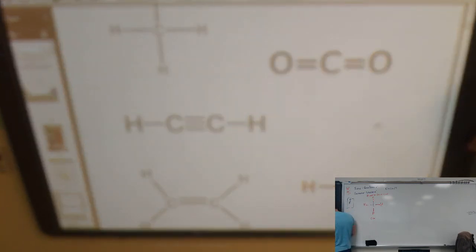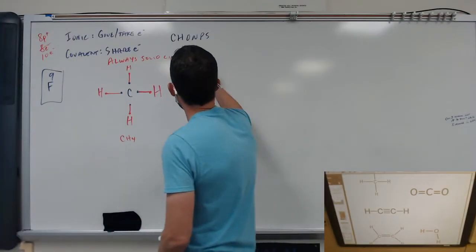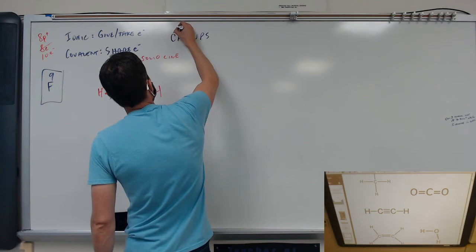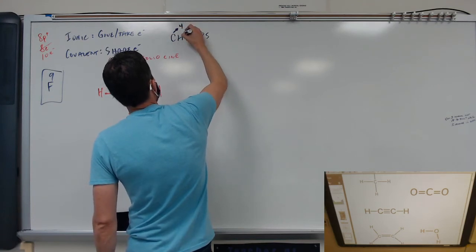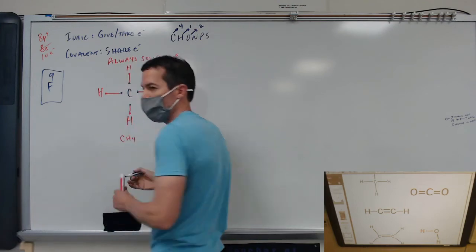Here's a single. That one's got a double, that one's got a double. So if we look at chemicals, what we'll find is this. Carbon always forms 4. Hydrogen always forms 1. Oxygen always forms 2 bonds.